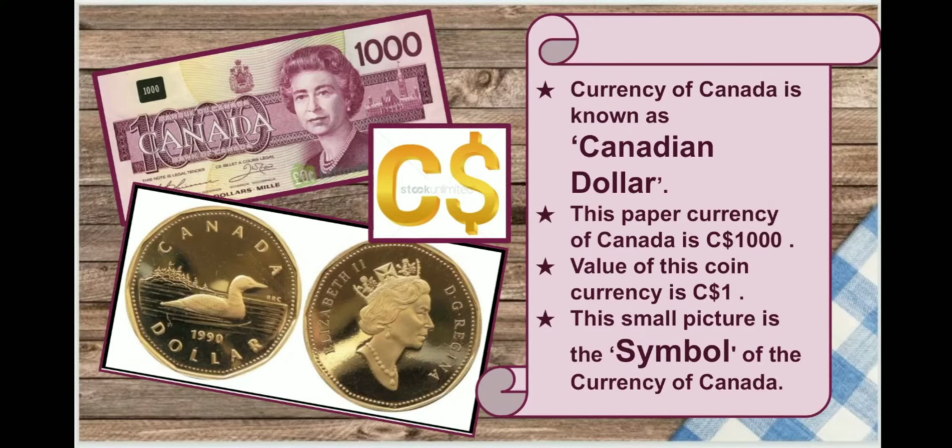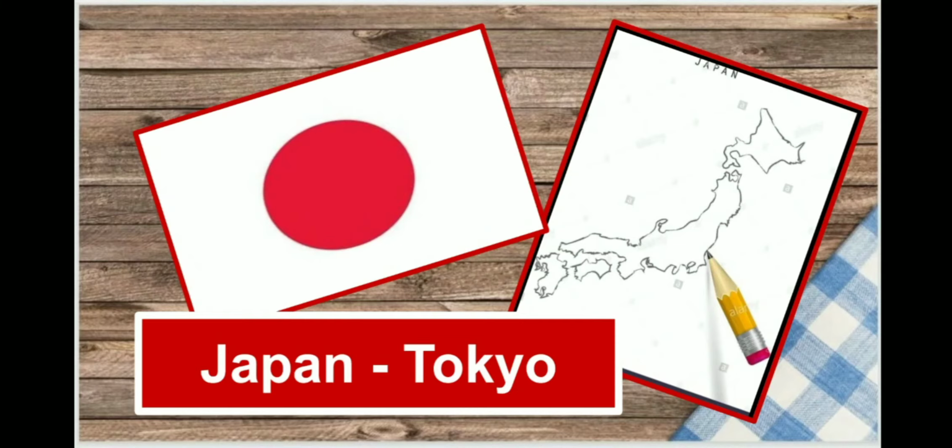Then value of this coin currency is 1 Canadian dollar, and as you know that we write the symbol of dollar before the money or amount. This small picture in the middle is the symbol of currency of Canada, Canadian dollar. Next, Japan, and its capital Tokyo.